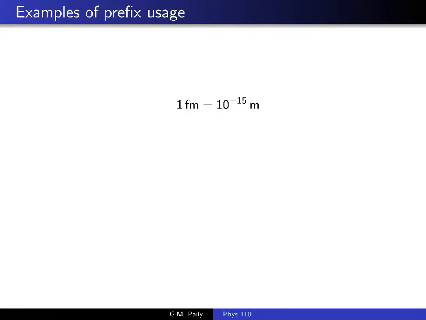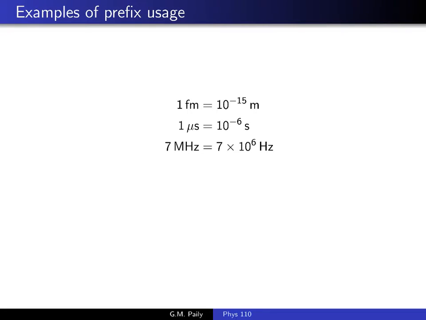A few more examples. A femtometer is 10 to the negative 15 meters. A microsecond is 10 to the minus 6 seconds. I should point out that that symbol there is the Greek letter mu, okay, and is used to denote micro.